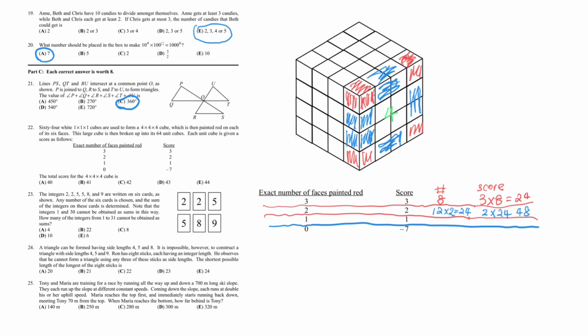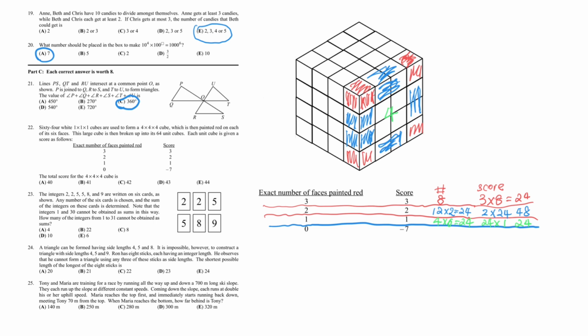Each surface has 4 unit cubes painted on only 1 side. The cube has 6 faces, so 4 times 6, that's 24 unit cubes painted on only 1 surface. And the total score, 1 times 24, is 24.